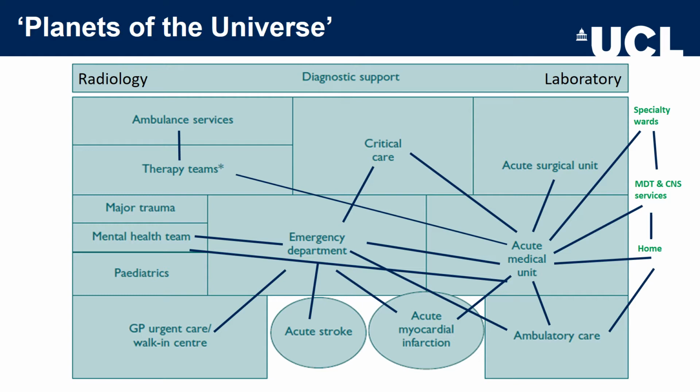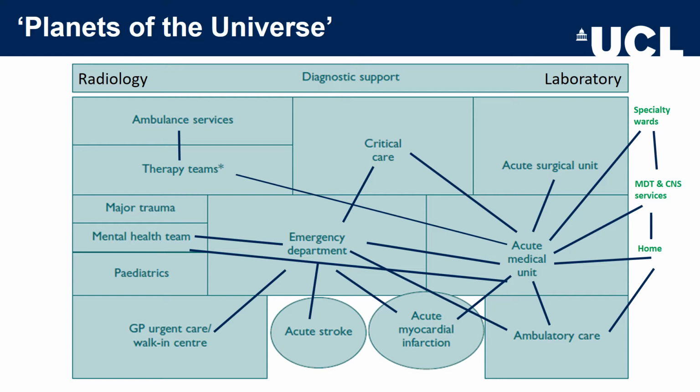For example, in the emergency department, a patient who may be seen by the medical team may need critical care, and that's been fairly common in our experience with patients who have deteriorated due to COVID and needed respiratory support. It might be that a patient presents to the emergency department with an acute stroke, and they may be transferred directly via the medical team to the acute stroke service, or in fact they may not involve the acute medicine team at all.